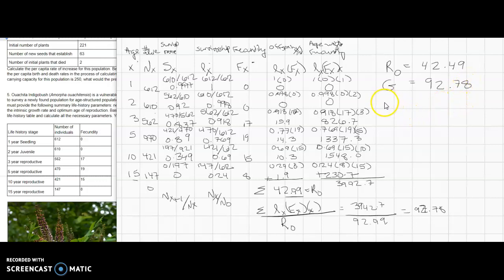And then the intrinsic growth rate, little r.